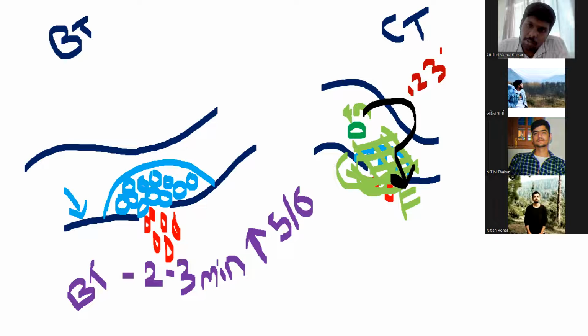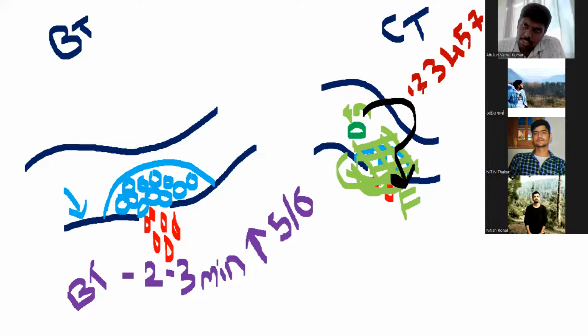We have named the clotting factors with Roman numerals: 1, 2, 4, 5, 6 is not there, keep in mind 7, 8. The first clotting factor is fibrinogen, then tissue thromboplastin, calcium, prothrombin, and so on. We need all these 13 clotting factors to convert fibrinogen to fibrin.